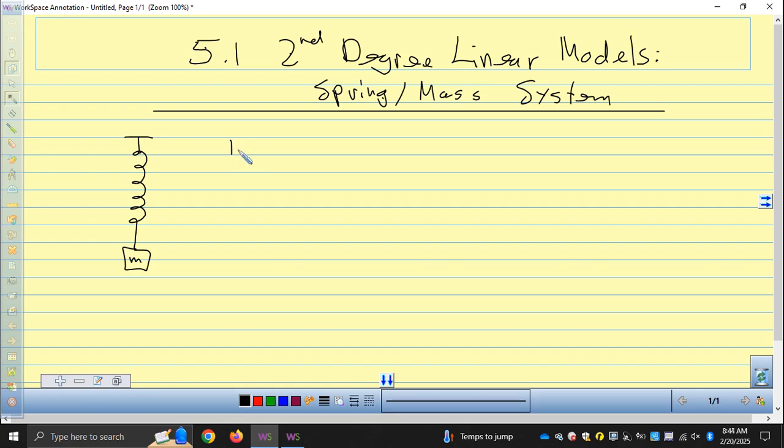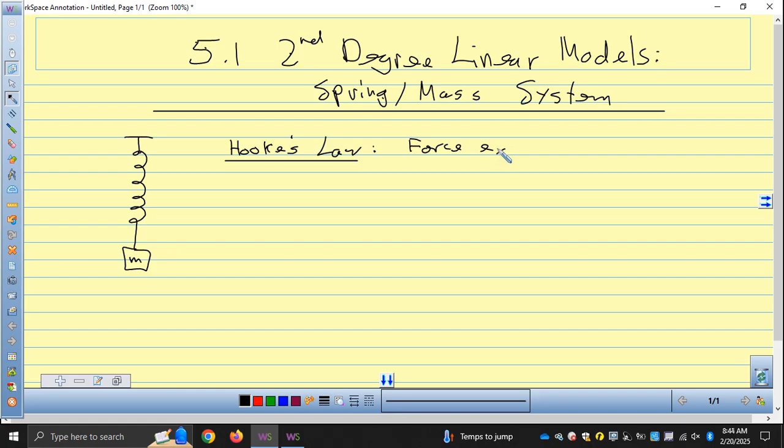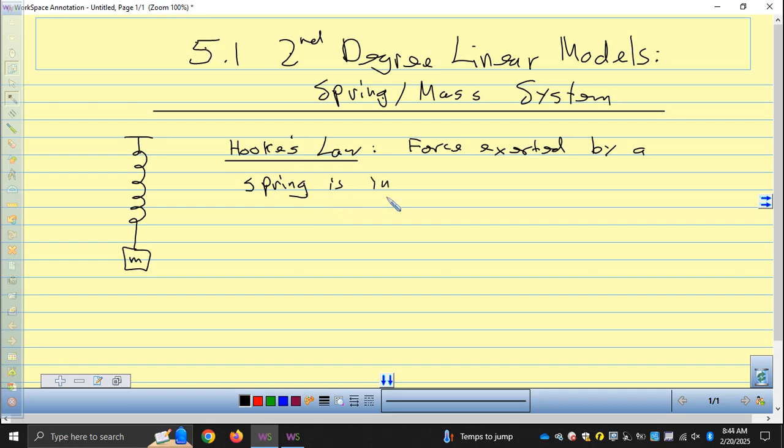So for the spring, we have Hooke's law. And Hooke's law says that the force exerted by a spring is in the opposite direction of motion, or I'm going to say of elongation, and is proportional to the elongation.